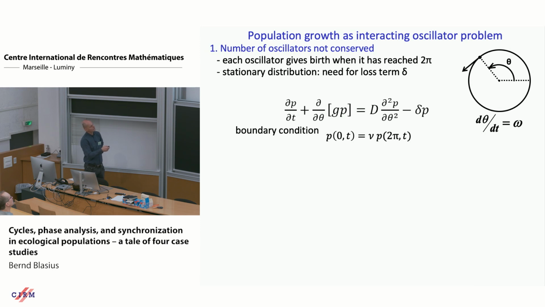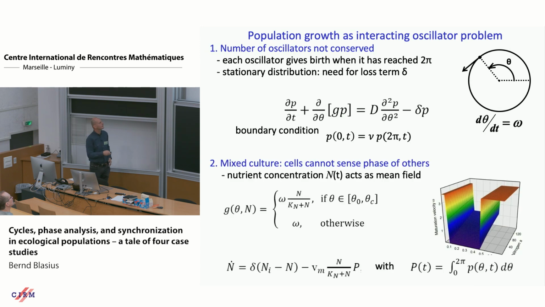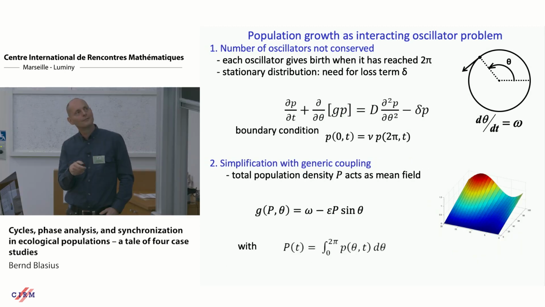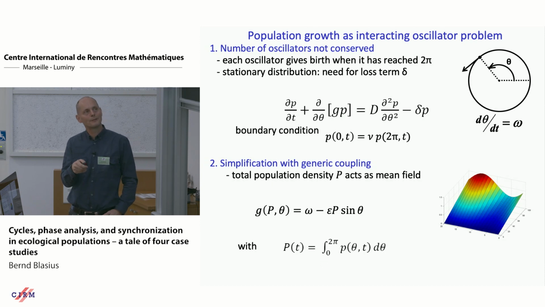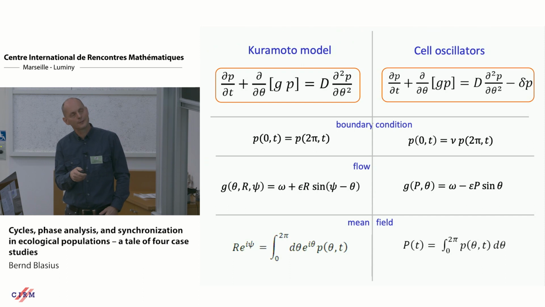And then of course we need a loss term, to conserve the total number of oscillators. And we don't couple to the complex order parameter, but we couple to the nutrients in the system. But one could do this a bit more simply if we just couple to the total population numbers. Maybe I put this here together.